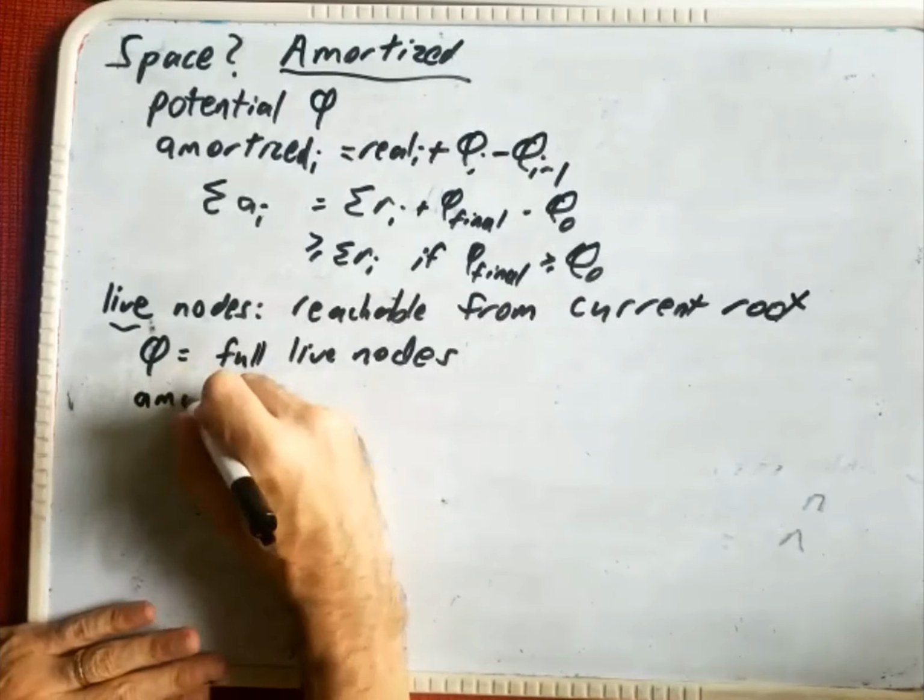So if I decide to modify a node and it has an empty extra field, what is the amortized cost of that going to be? Constant time? It's going to be one, because we create a full node.